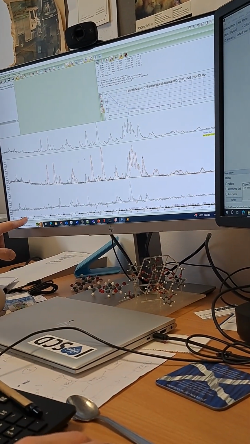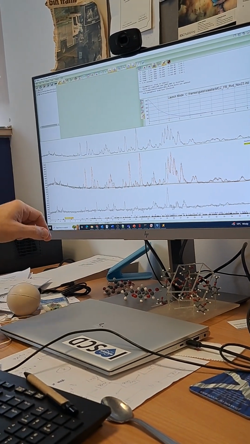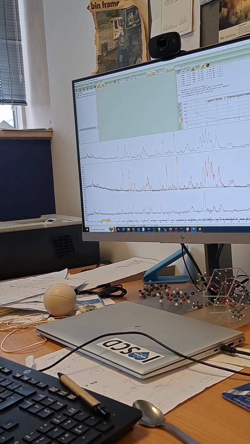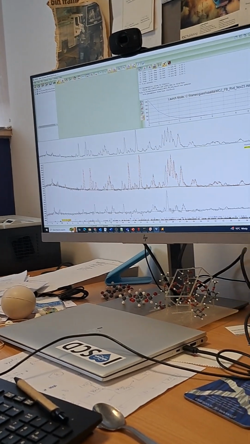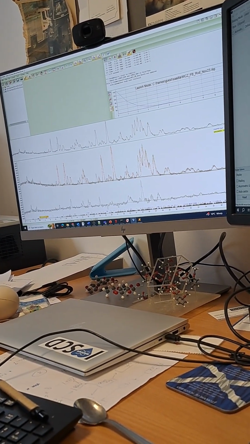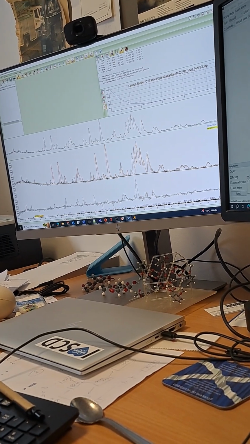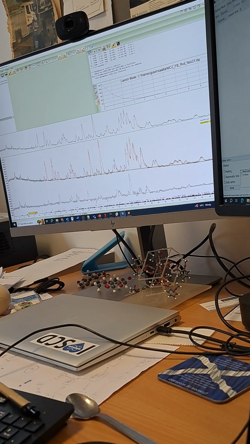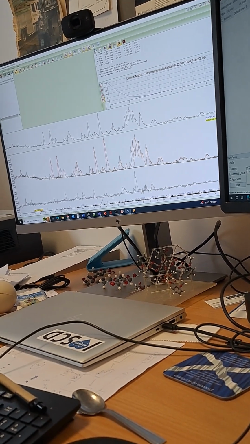Right, what's this one now? This one is the 0, 1, 1. So that is our C. The B and the C axis contribute to where that peak is going. We've already said B is fixed.